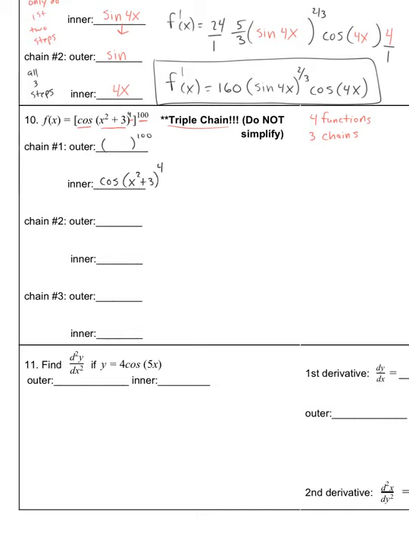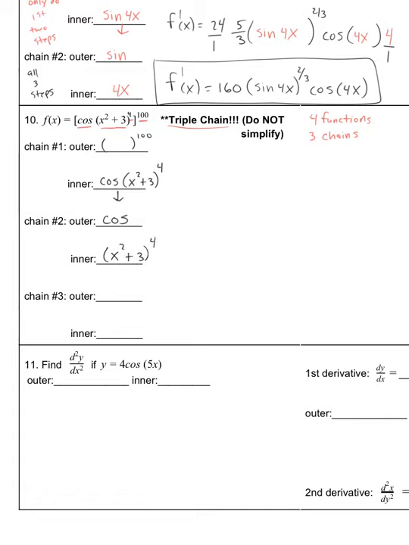Now, right here, what is the outermost of this thing? Well, we're taking the cosine of x squared plus 3 to the 4th. That 4 only applies to this, so we're cosining all of that. So the second chain, the cosine is the outer, and then the inner as is everything else: x squared plus 3 to the 4th.